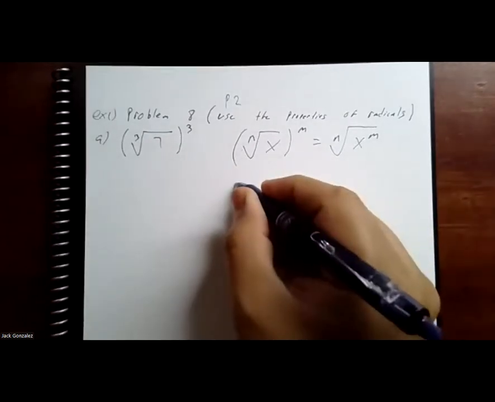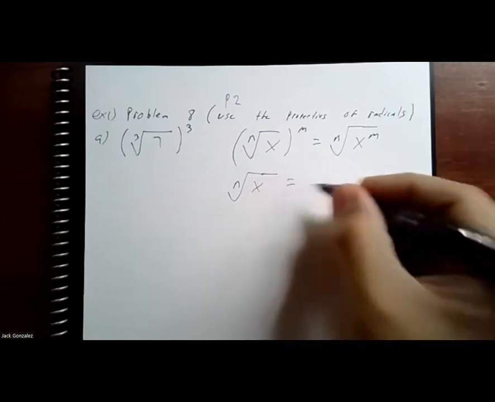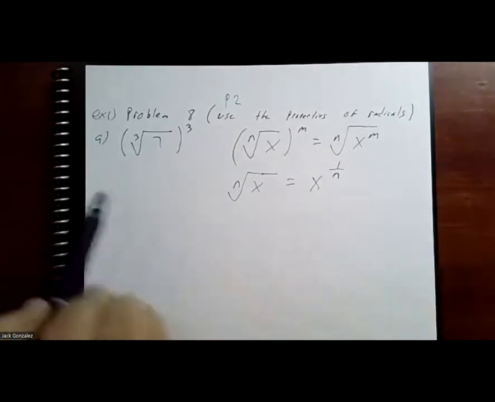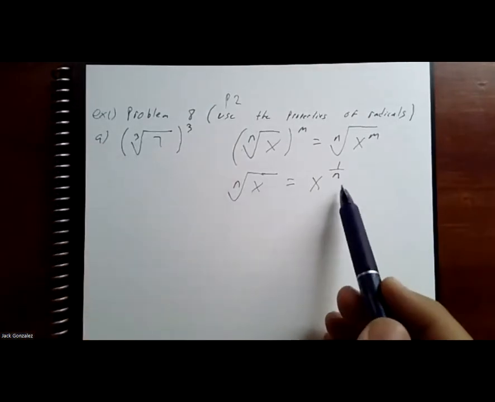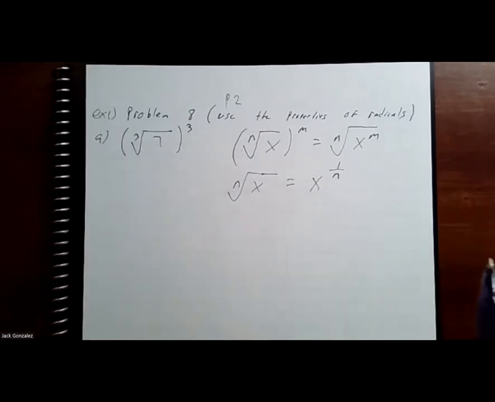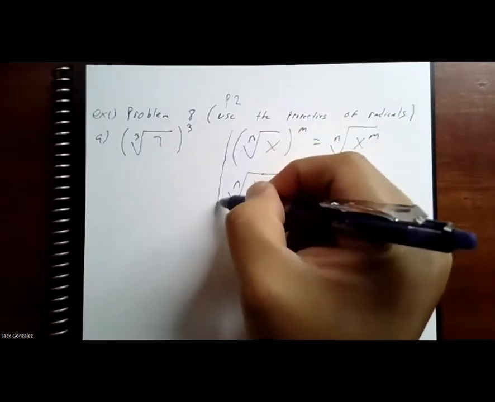Also, you should remember that any nth root of some real number can be rewritten as x to the 1 over n. So every radical, square root, cube root, whatever, is technically just a fractional power. So it's just 1/3 in this case.